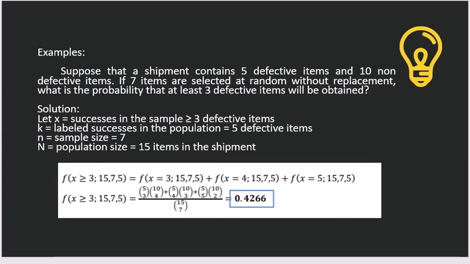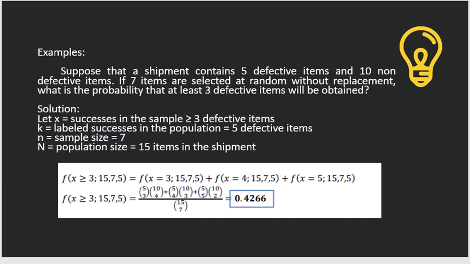Another example. Suppose that a shipment contains 5 defective items and 10 non-defective items. If 7 items are selected at random without replacement, what is the probability that at least 3 defective items will be obtained?